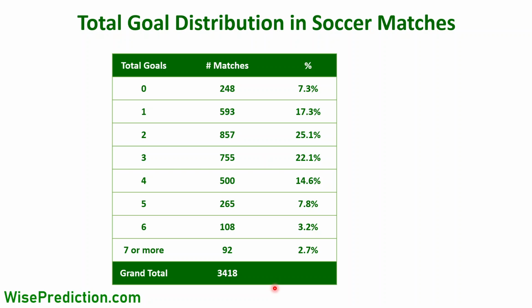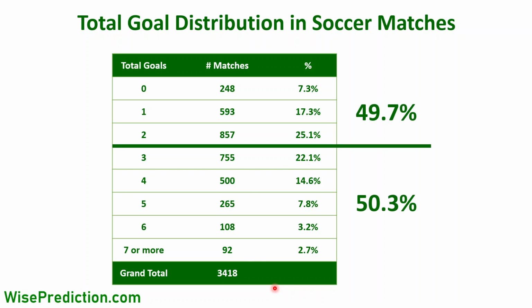Since the selected threshold for our predictions is 2.5, if we put the boundary here and separate this table into two pieces, with the matches where the number of goals was below 2.5 and above 2.5, here's what we see. For those matches where we've had predictions so far, 49.7% of the matches ended with a total number of goals below 2.5.